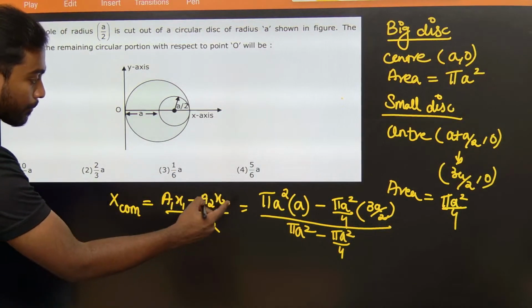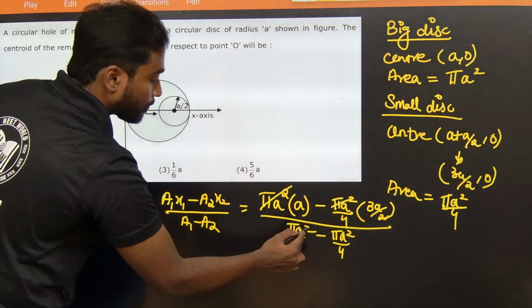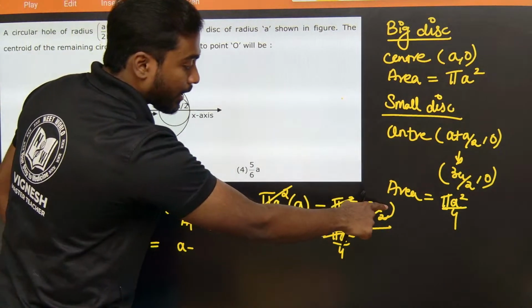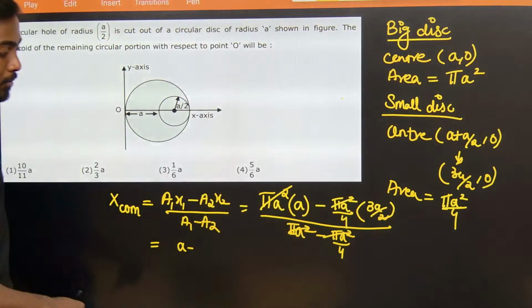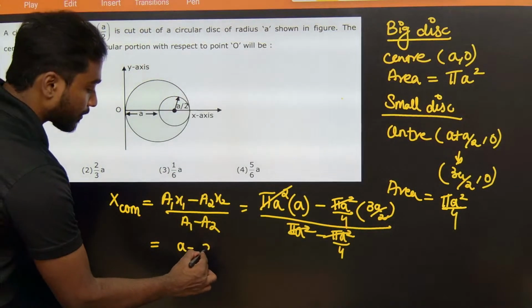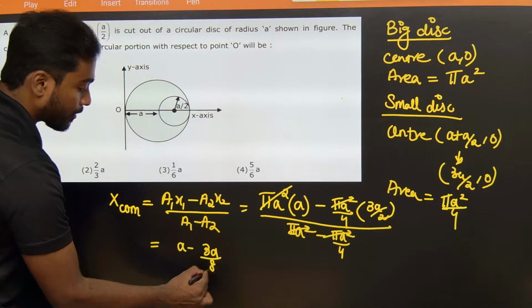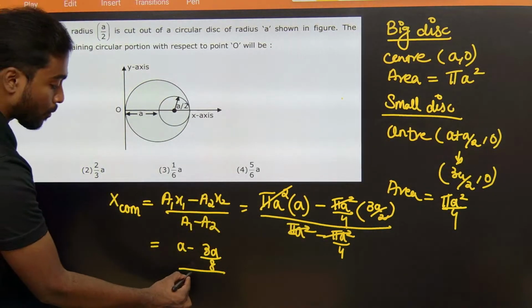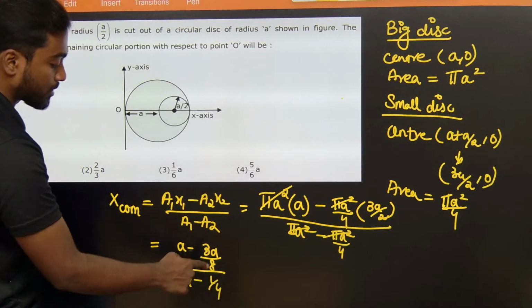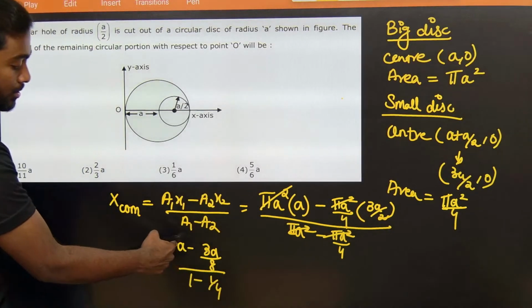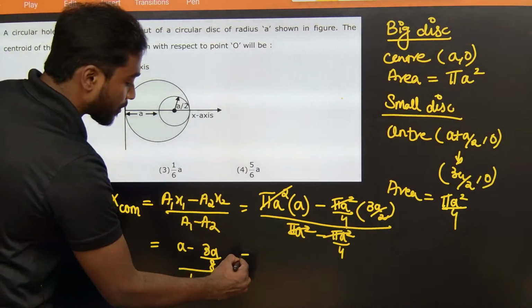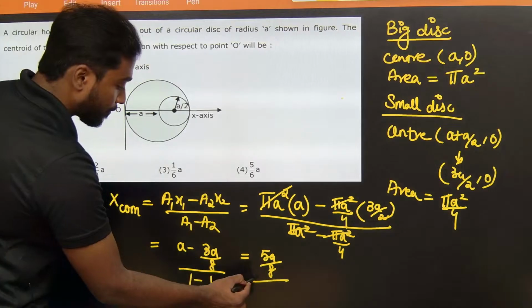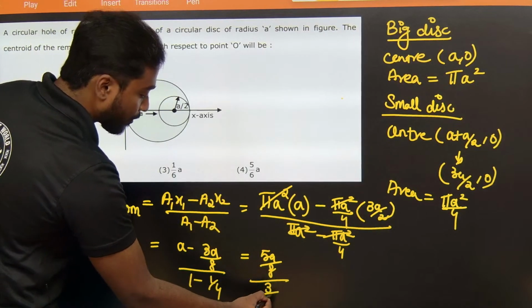So what will I get? After cancelling pi a square: a minus 3a by 8, divided by 1 minus 1 by 4. This is 8a minus 3a, which equals 5a by 8, divided by 3 by 4.